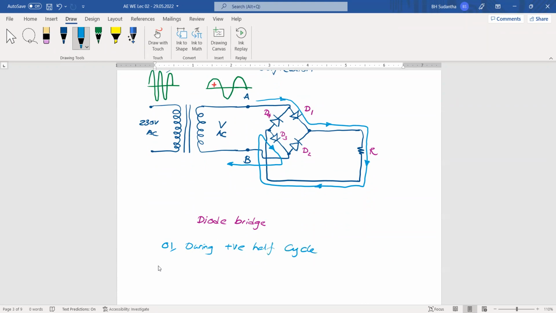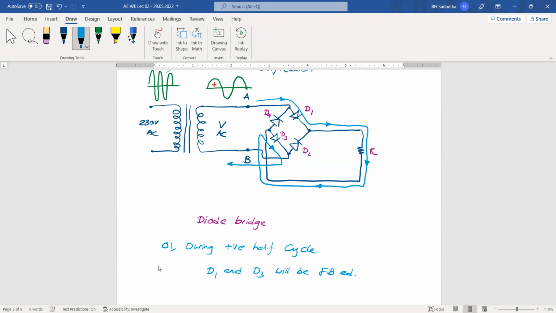During this positive half cycle, D1 and D3 will be forward biased. Then D2 and D4 are not conducting.